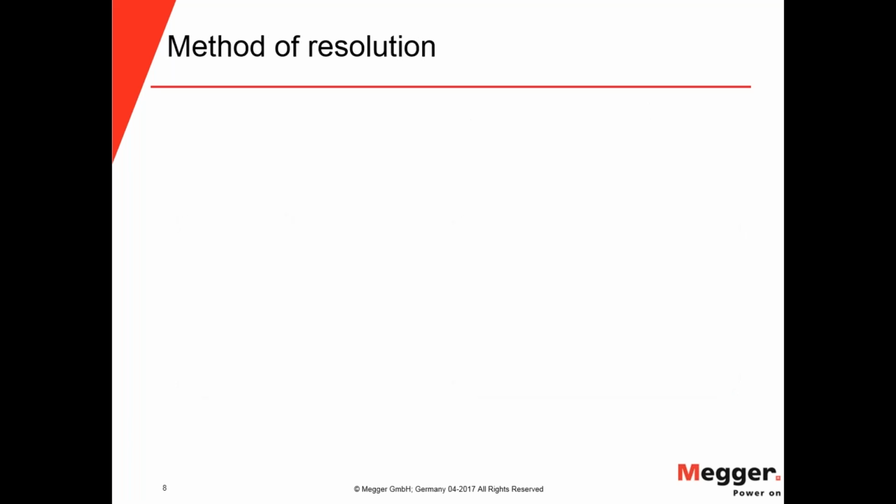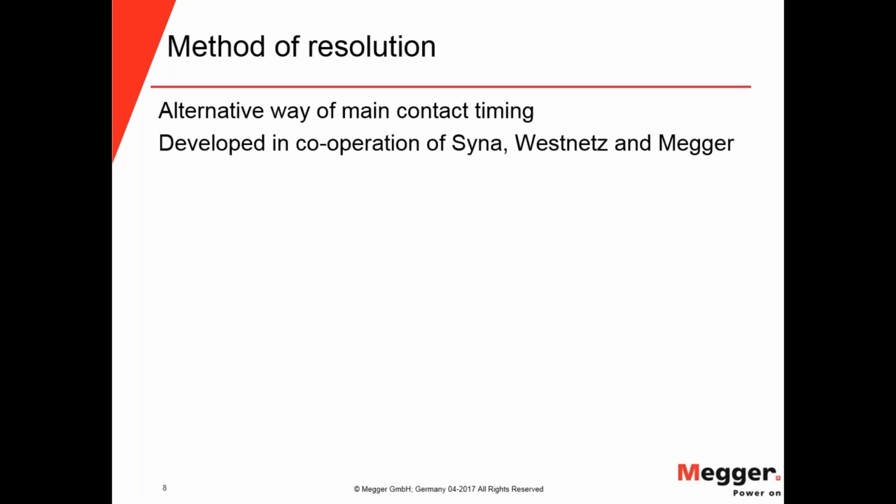So the method of resolution for this problem is an alternative way of main contact testing and main contact timing. This method was developed in cooperation between two companies, net owners Sina and Westnetz in Germany, and Megger.